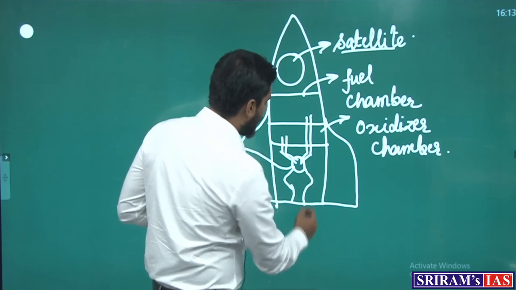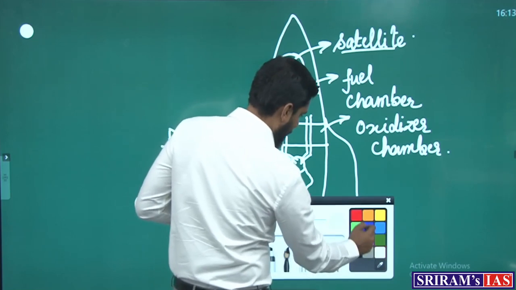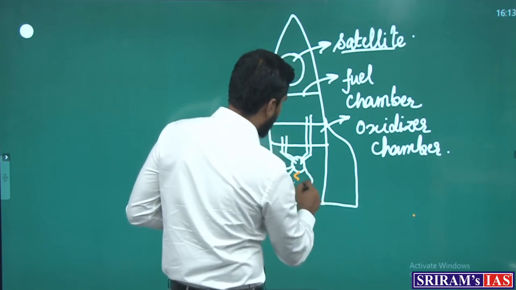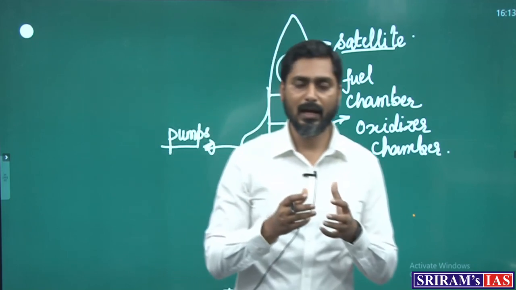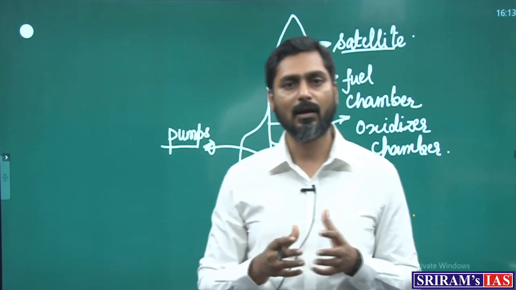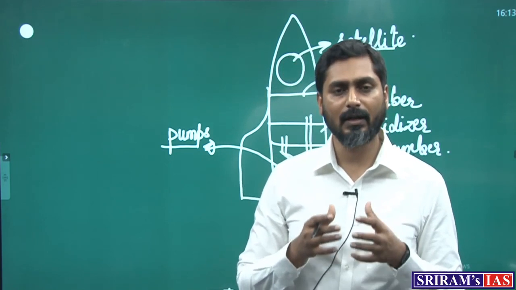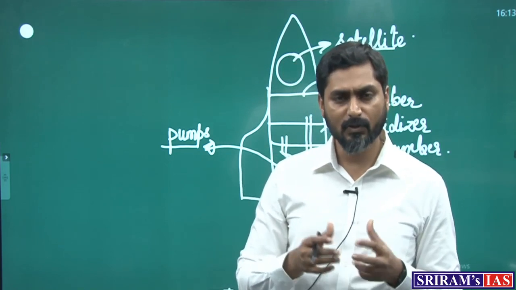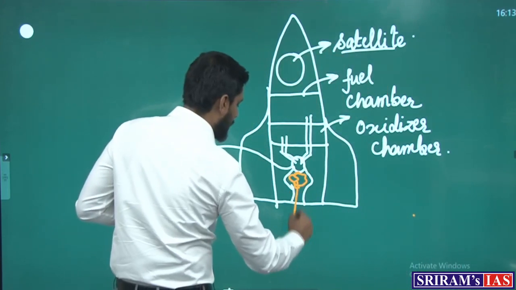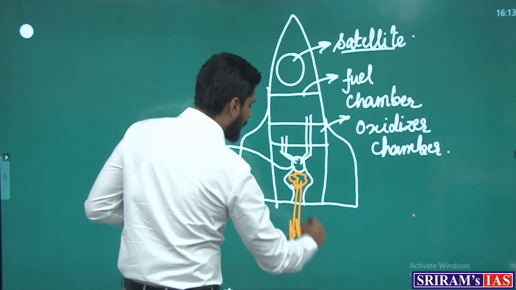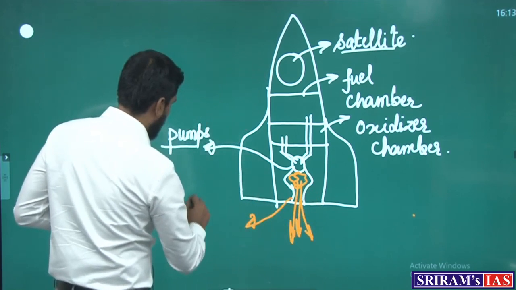When we burn in this combustion chamber, the fuel and the oxidizer combine or burn, and when they burn they produce a lot of hot exhaust gases. When they produce a lot of hot exhaust gases, we force them out through these exhaust nozzles.